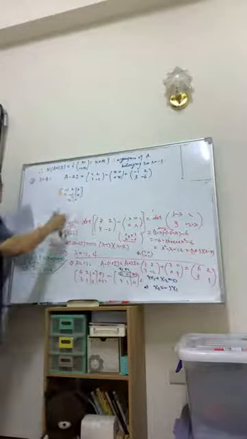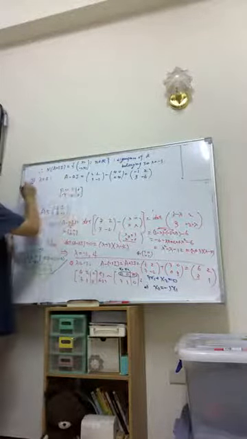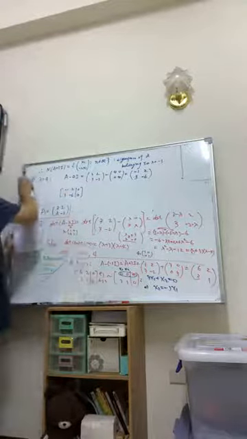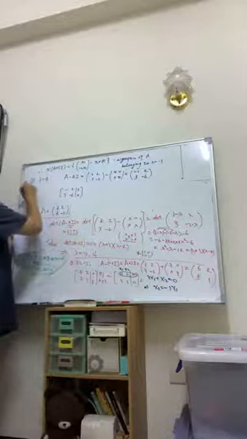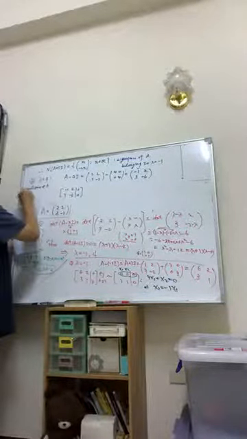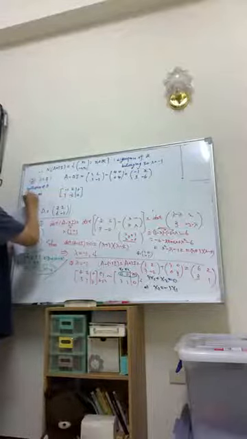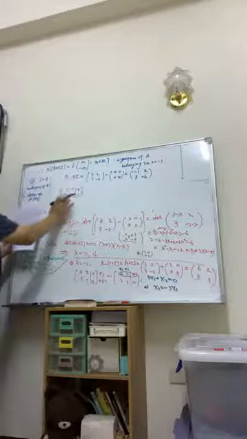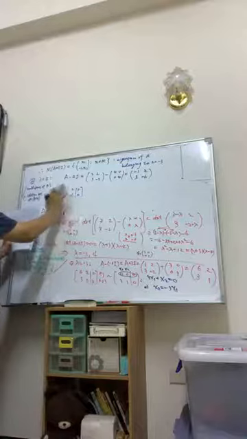The null space of a matrix B means the solution set of B times x equals 0. So the null space of this matrix means that the solution set of Bx equals 0.